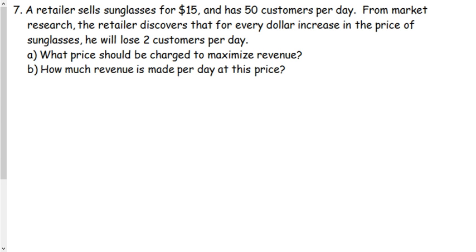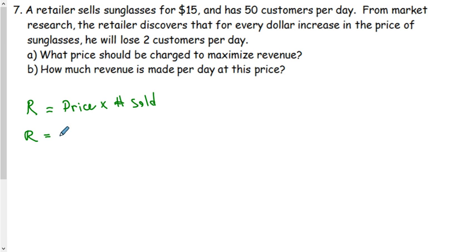So how do we make the quadratic? We're interested in the revenue, how much money we're going to make, so a revenue equation. What is your revenue? It's the price for a pair of sunglasses times the number sold. That's how much money you make from selling those sunglasses.